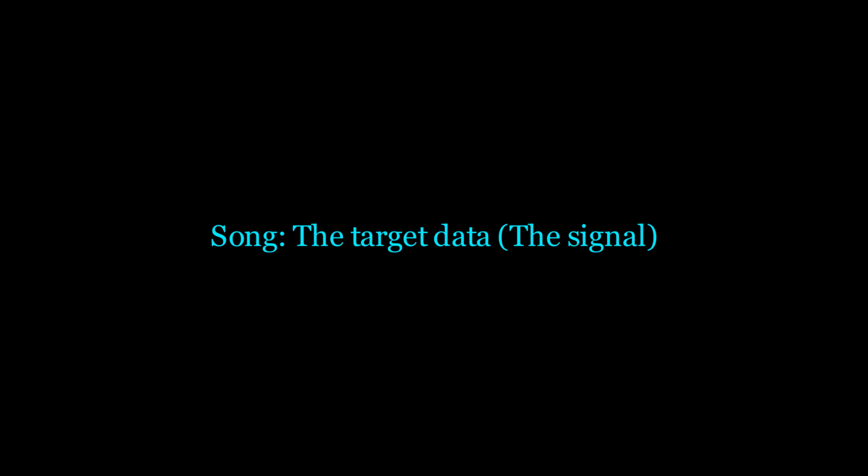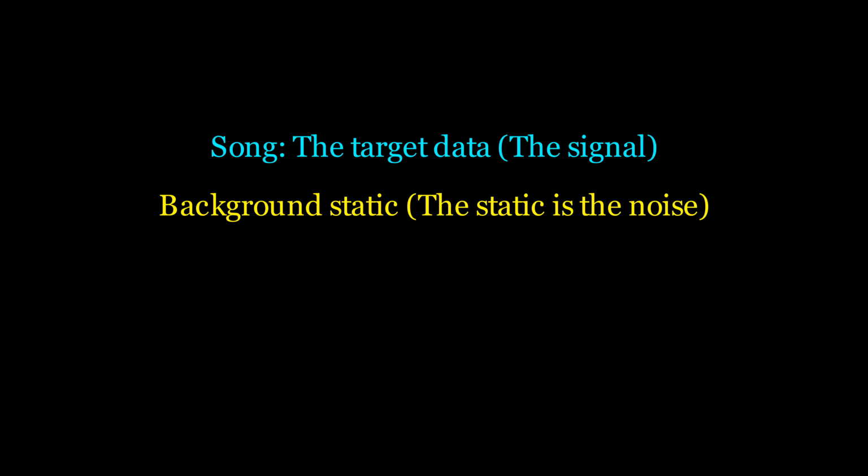Let's illustrate noisy data using a classic example, radio transmission. In this scenario, the song being broadcast represents the target data, the signal. However, environmental factors, hardware limitations, or poor tuning often introduce background static. This static is the noise.